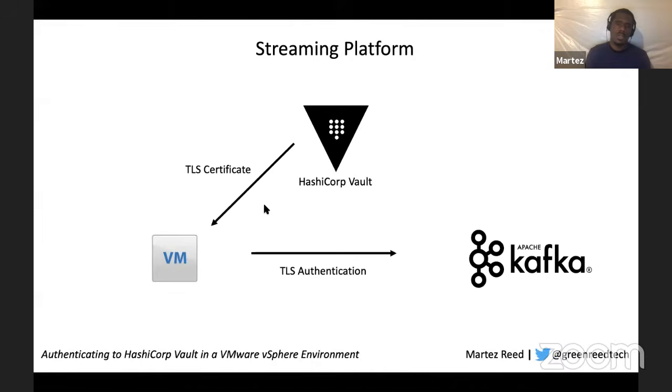The aim of this is to start to provide mechanisms and capabilities on the VMware vSphere platform that mimic that of some of the public cloud providers to reduce the friction of trying to leverage cloud native capabilities and architecture, even in a VMware vSphere environment.